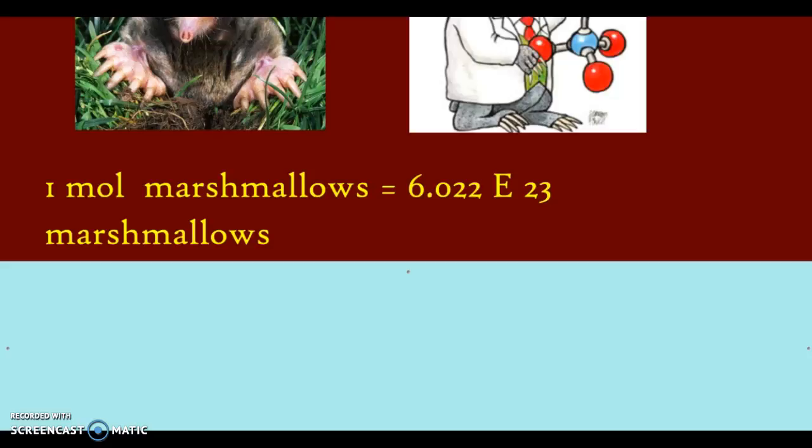If we made a blanket of marshmallows, a mole of marshmallows over the United States, it would form a layer of marshmallows 8 miles thick, covering the United States. Imagine an 8-mile covering of the United States, straight up with marshmallows. That, gentlemen, is a lot of marshmallows.